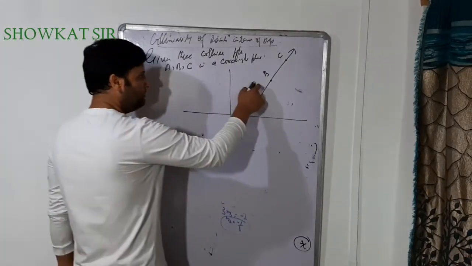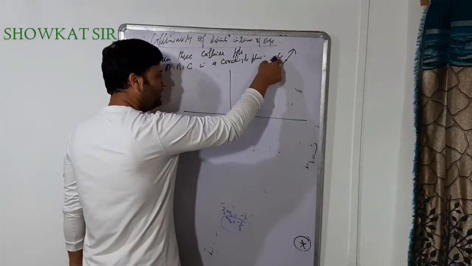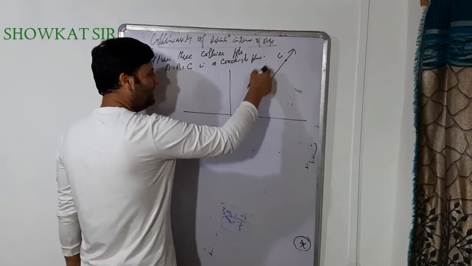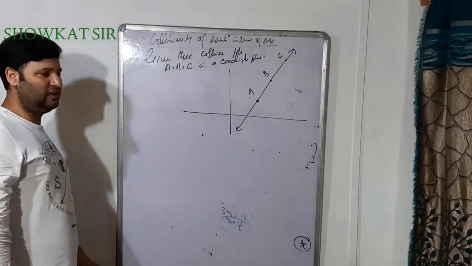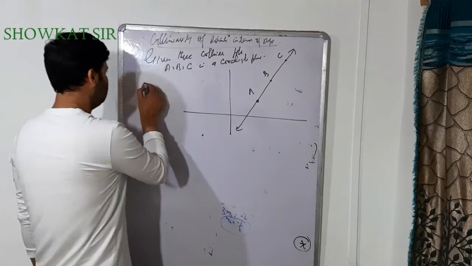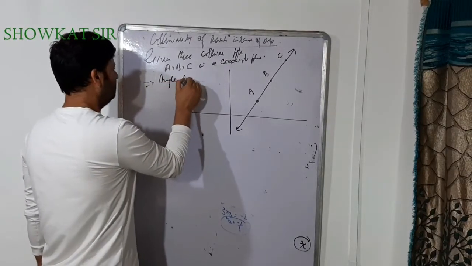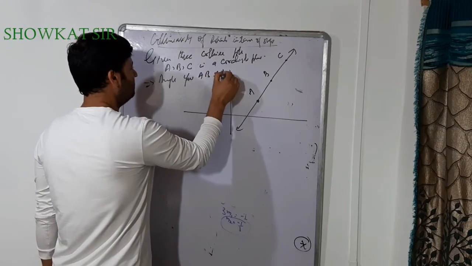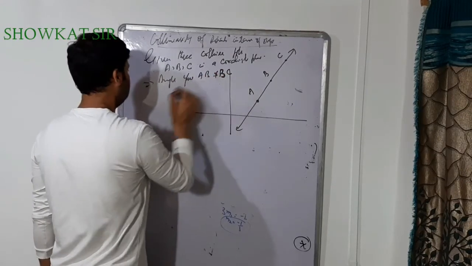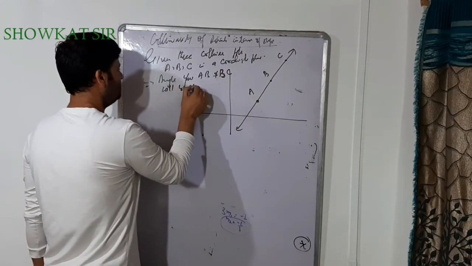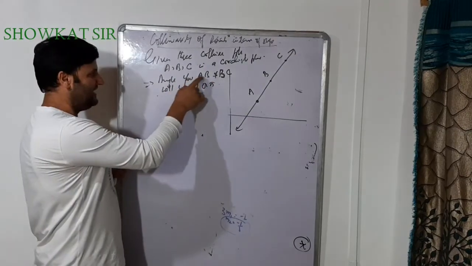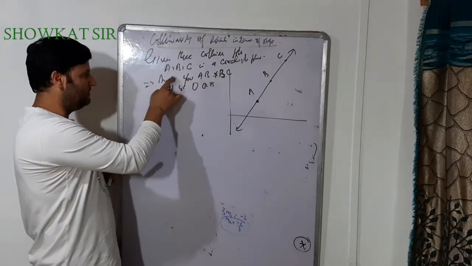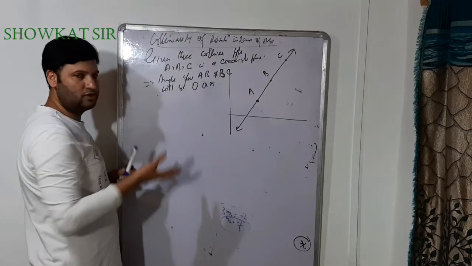So when A, B, C are collinear, it means the angle between AB and BC will be either 0 or pi.